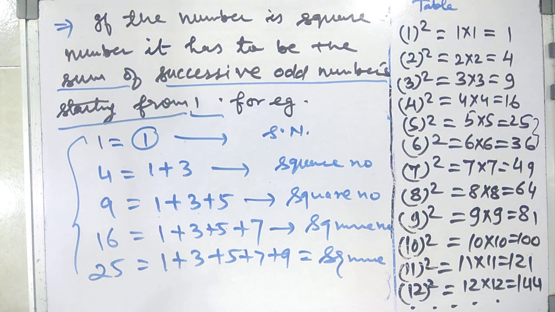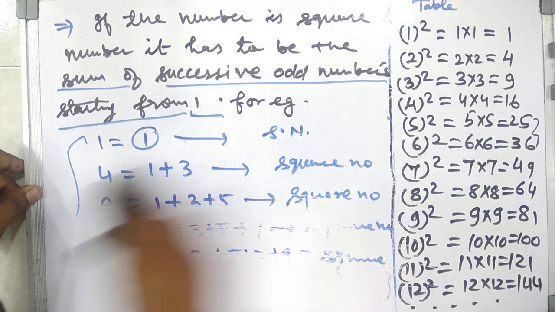So students, we can also say that if a natural number cannot be expressed as a sum of successive odd numbers starting with 1, then it is not a perfect square. So how to decide whether numbers are perfect squares or not? If the number is the sum of successive odd numbers starting from 1, it is a perfect square, otherwise not.